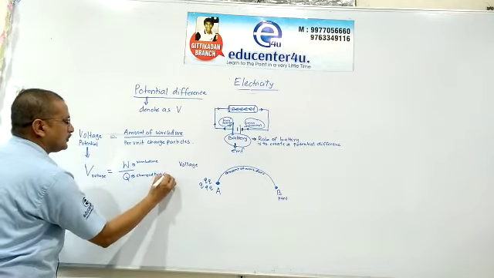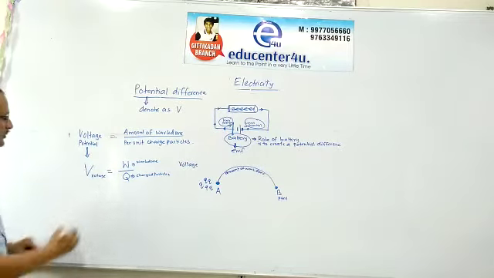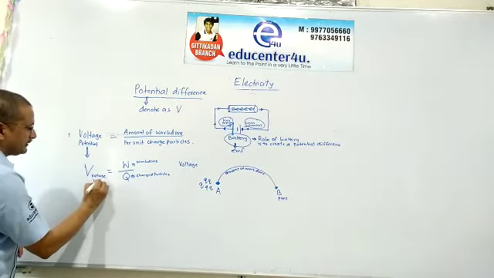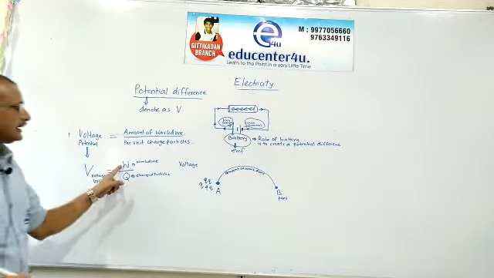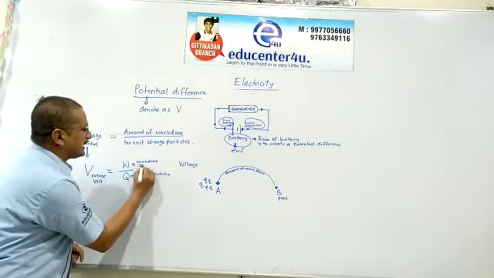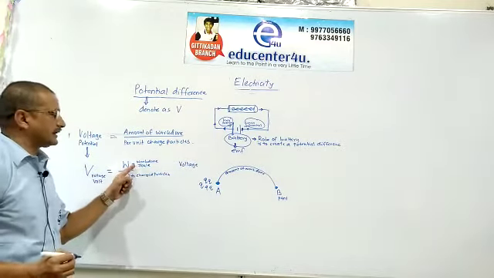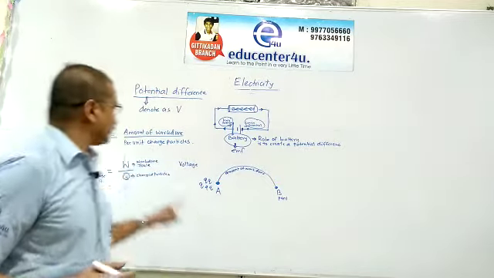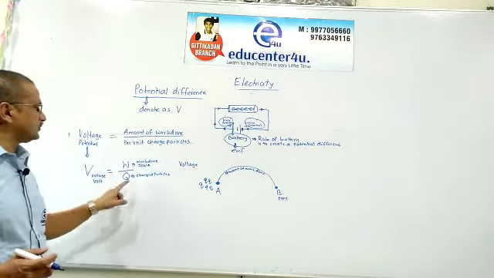particles. So what is the SI unit of the potential difference, voltage? It is volt, and the SI unit of the work is joule. Joule is the SI unit of the work done. Work done is always measured in joule.